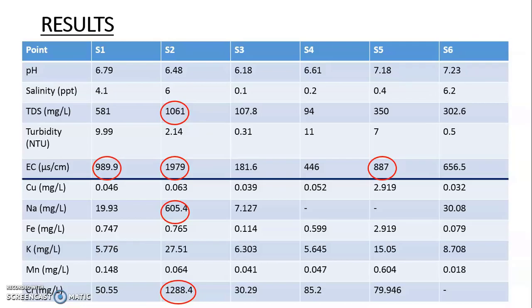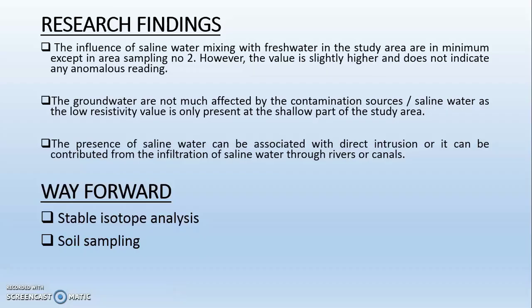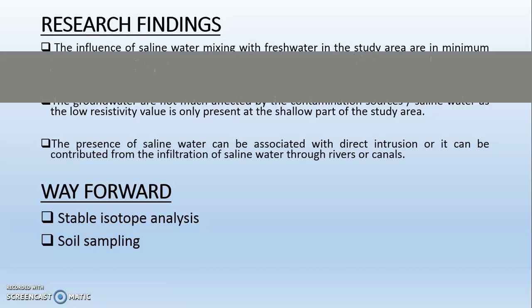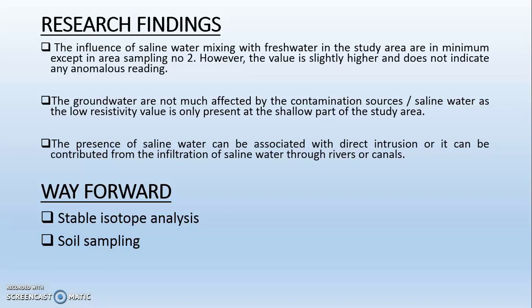In this study, the findings show the influence of saline water mixing with fresh water in the study area is of minimal extent, except in sampling area 2. However, the value is only slightly higher and does not indicate any anomalous reading. The groundwater is largely not affected by the contamination process or the saline water, as the low resistivity value is only present at the shallow part of the study area.